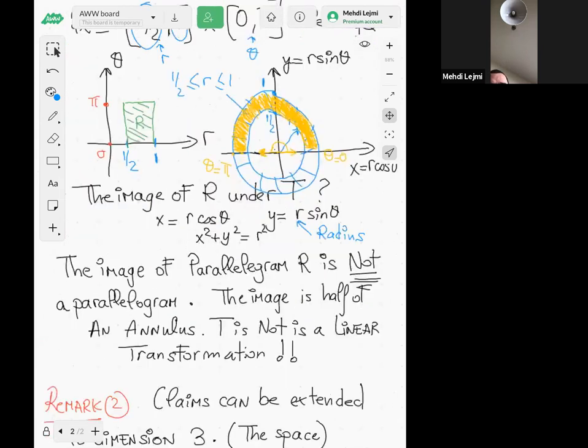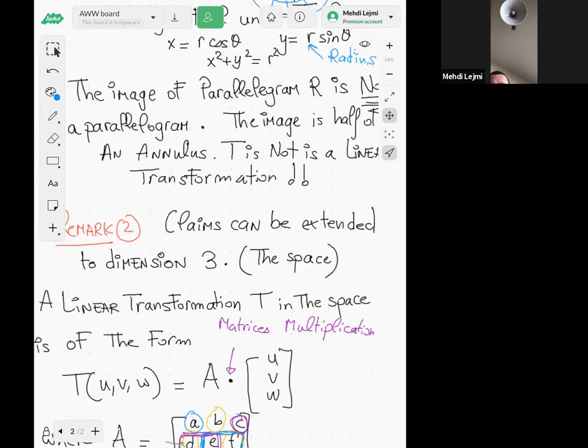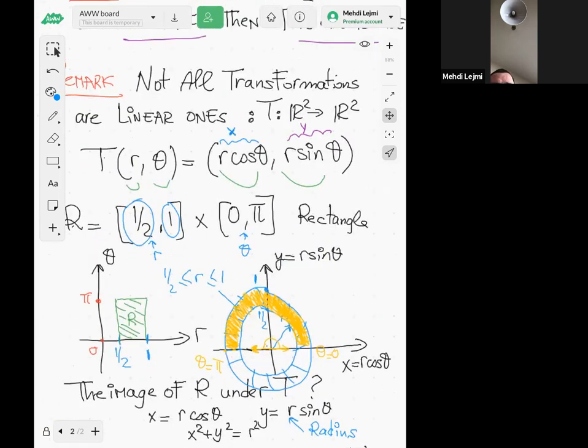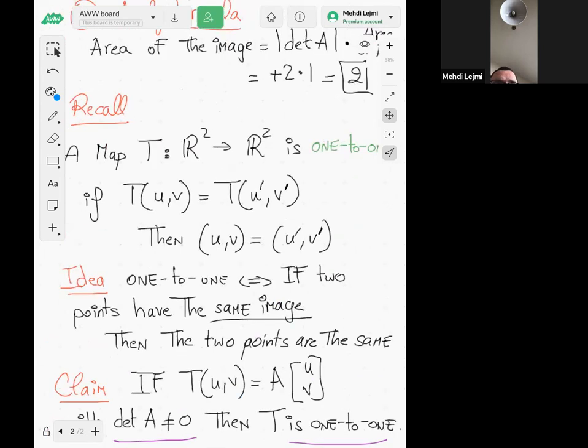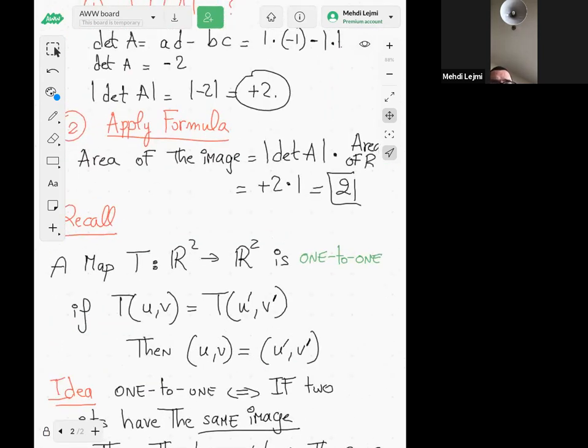What's really interesting for us is this relation between the two areas. We said the area of the image would be equal to the absolute value of the determinant of the matrix times the area of the initial region, right? It's also not really hard to prove, but it's kind of a long proof.